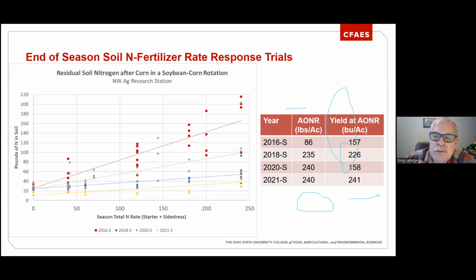That was also a year where we had 158 yield at the agronomically optimal nitrogen rate. But in that case, it was a responsive year, and we actually needed that 240 to maximize yield.